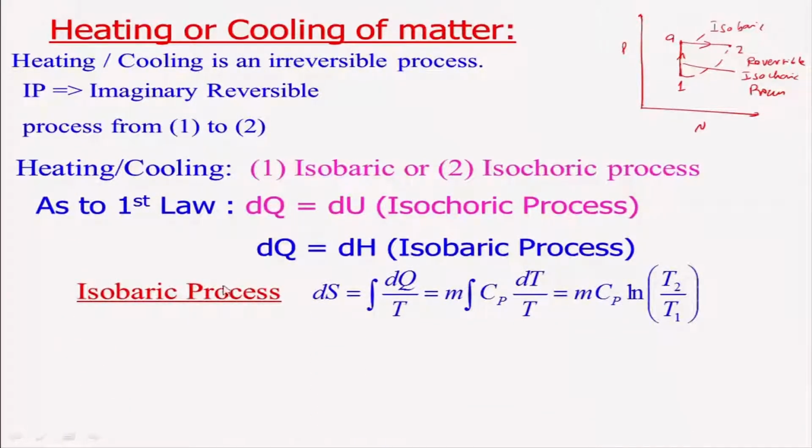So, for an isobaric process, we can find the entropy change, which is nothing but dq by T. We know that dq is equal to dh, so that will be mCp dT, and we take Cp as not really a function of temperature, or you can assume an average Cp.